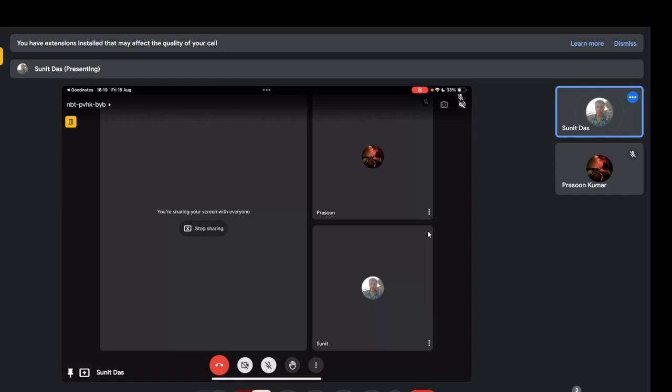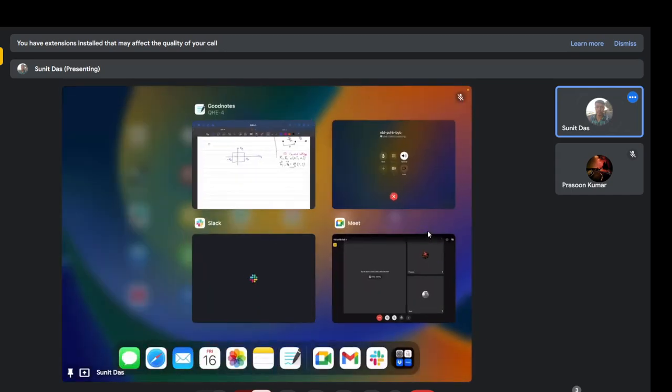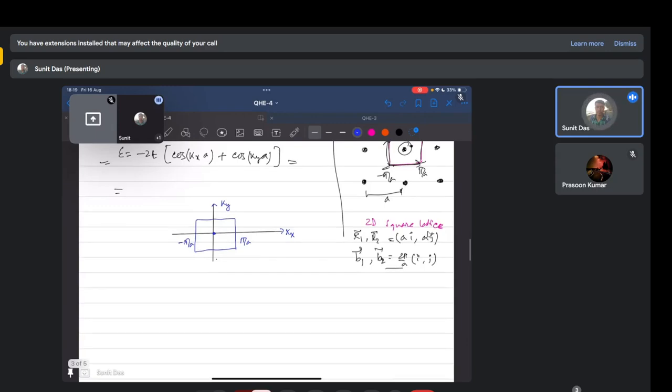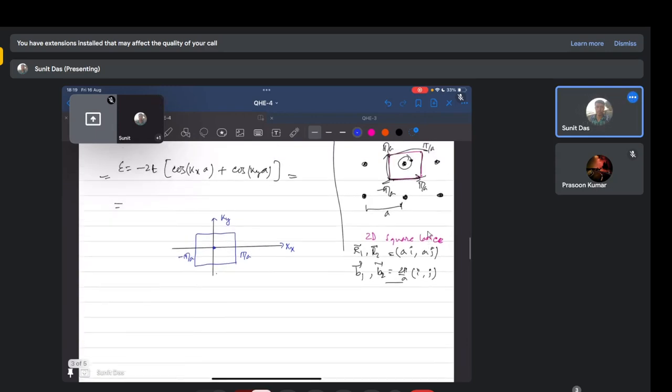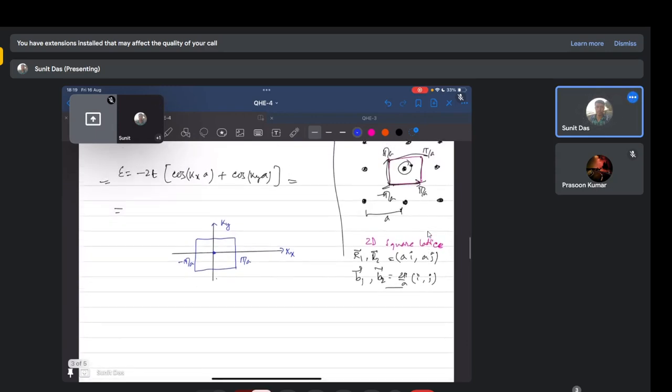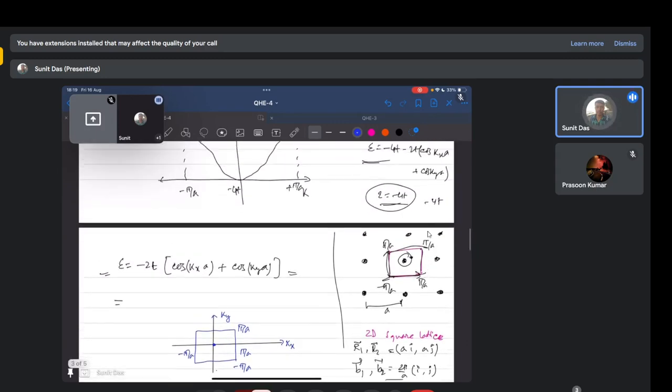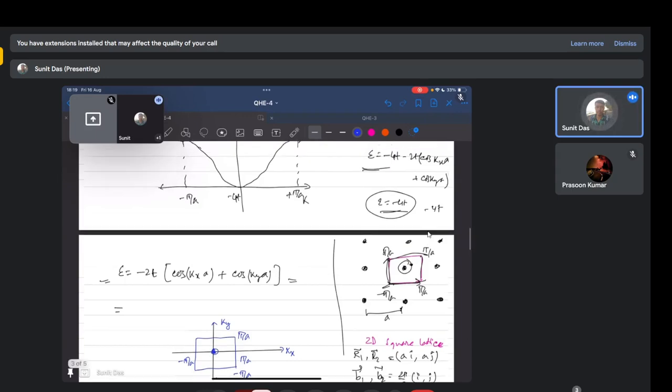This is my center of the Brillouin zone, kx, ky equal to 0. And this is also pi by a, minus pi by a, and so on. So around the midpoint, where kx and ky both are 0.